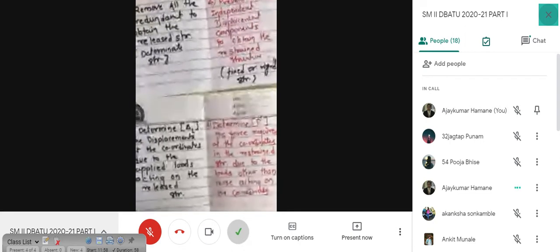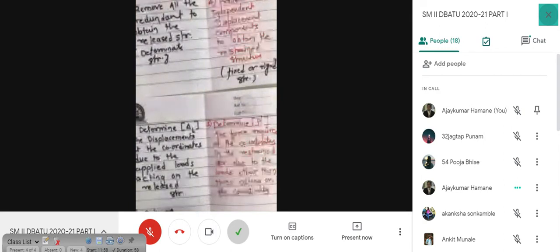Now sixth one, determine delta R. What is the meaning of delta R?